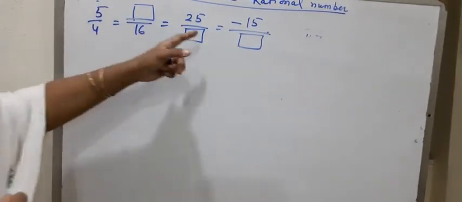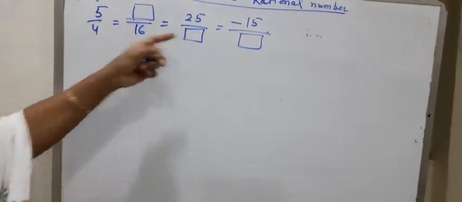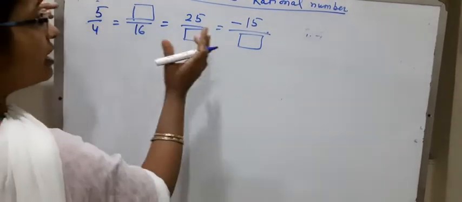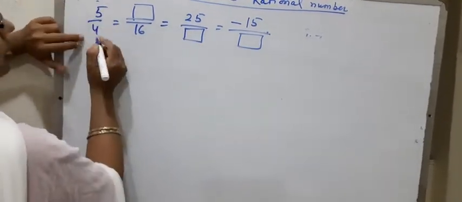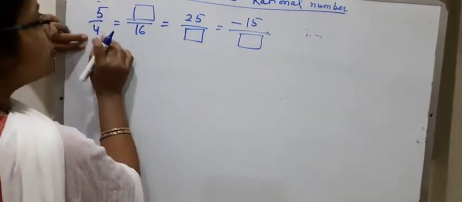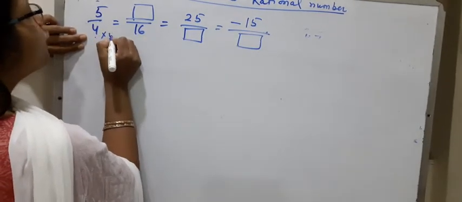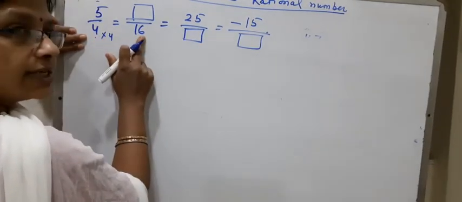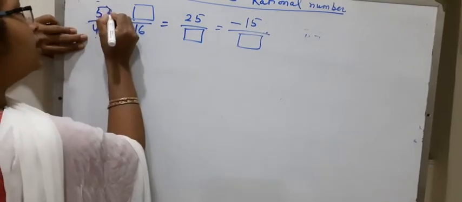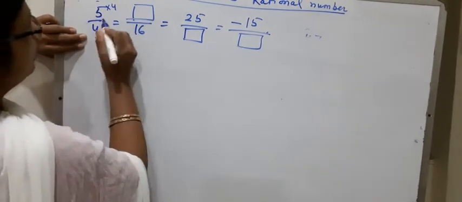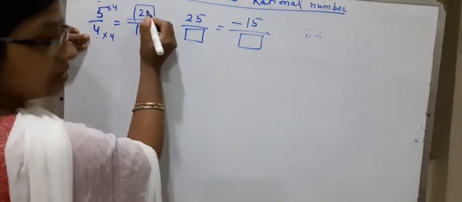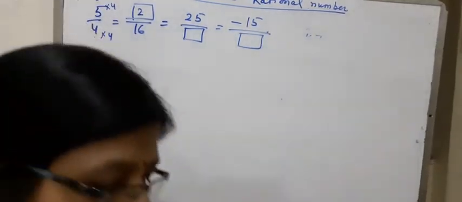To find the filled place, we find an equivalent fraction of 5 by 4. The denominator 4 we multiply by 4, so we get 16. So we multiply the numerator by 4 also. 5 fours are 20. So here the answer is 20.